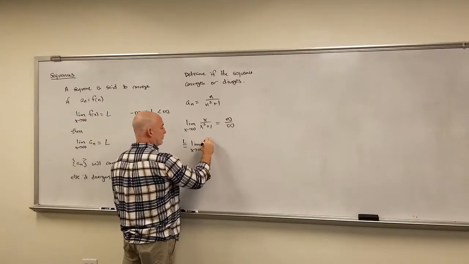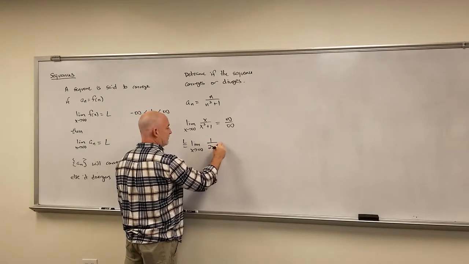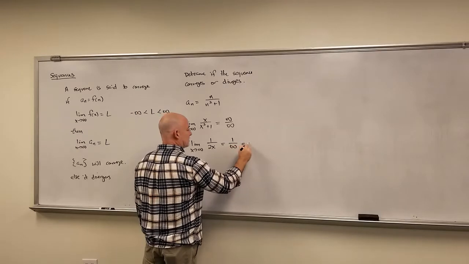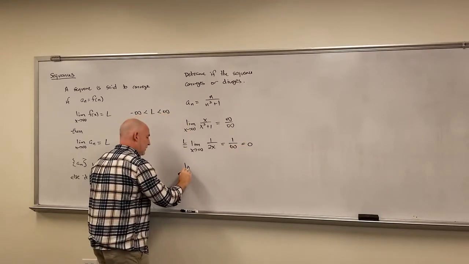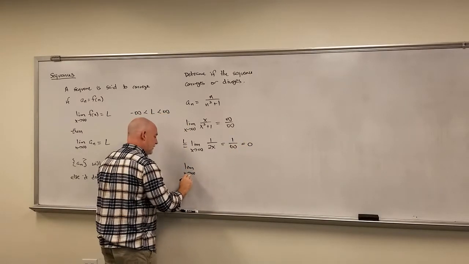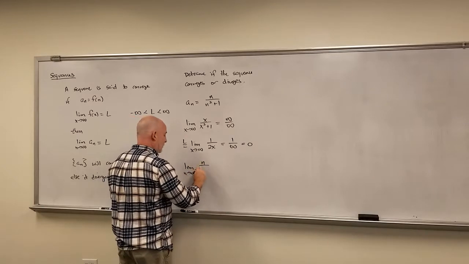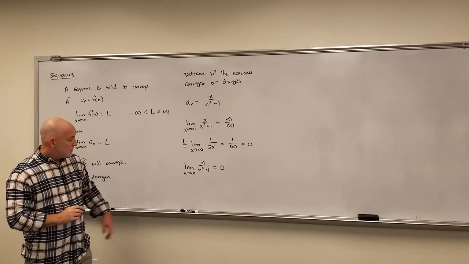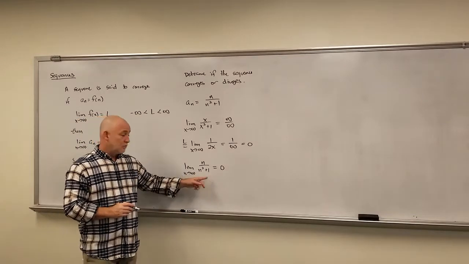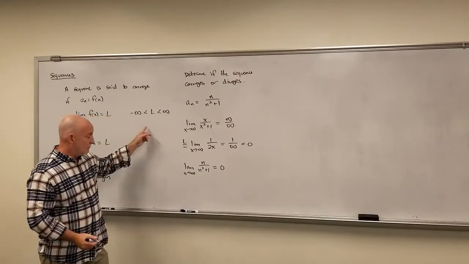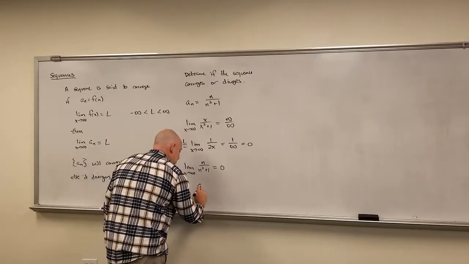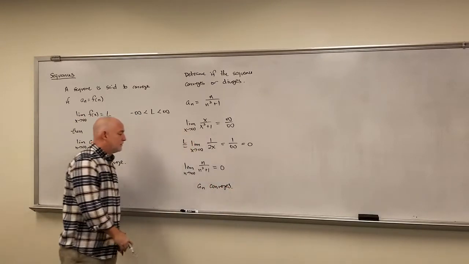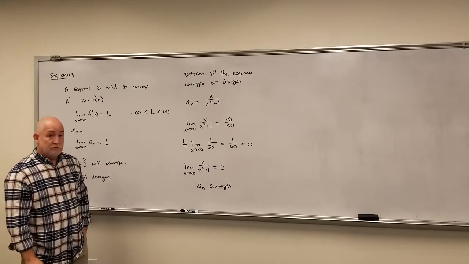By L'Hopital's rule, the derivative at the top over the derivative of the bottom, well, that's 1 over infinity, which is 0. So that means the limit as n goes to infinity of n over n squared plus 1 is also 0. Since this is a value between negative infinity and positive infinity, we say that a sub n converges.